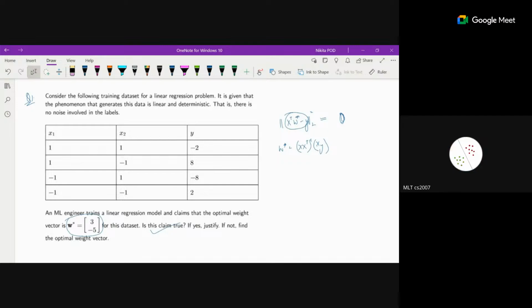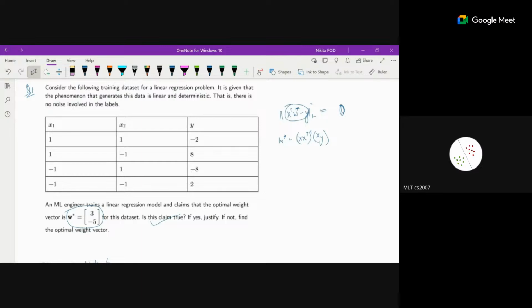Okay. So here your X is what? X is your X1 and X2. This would be 4 cross 2... wait, not 2 cross 4.